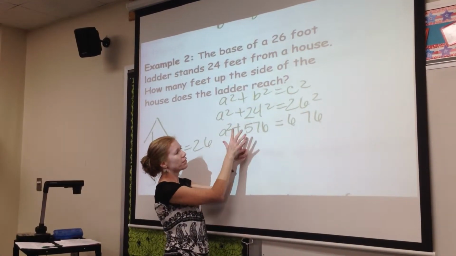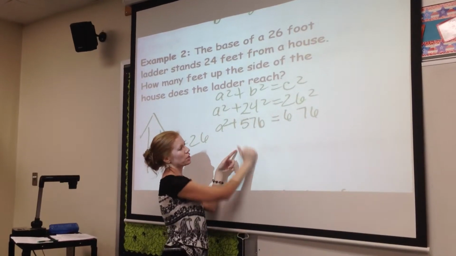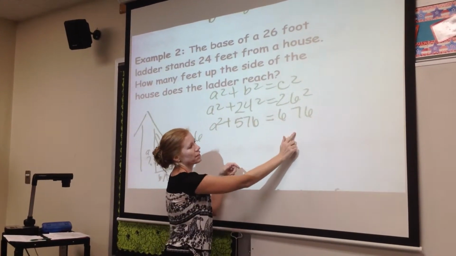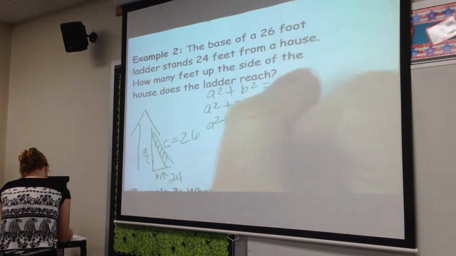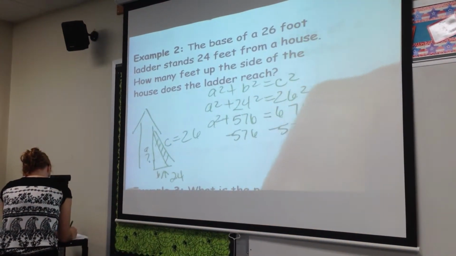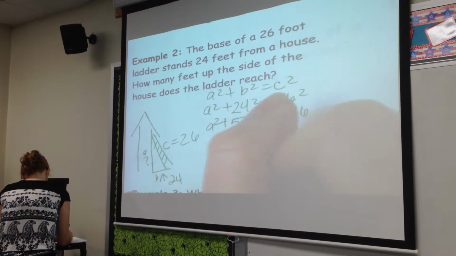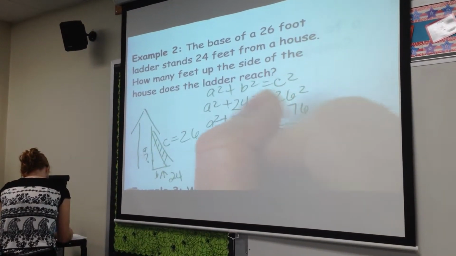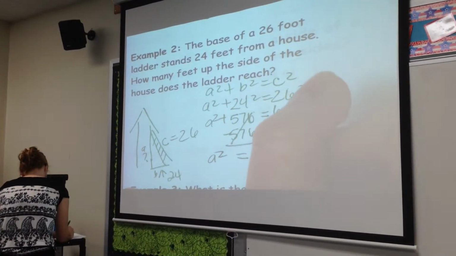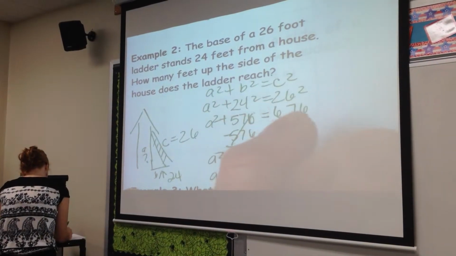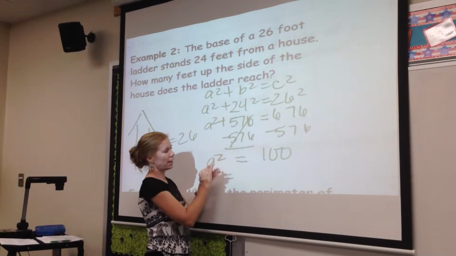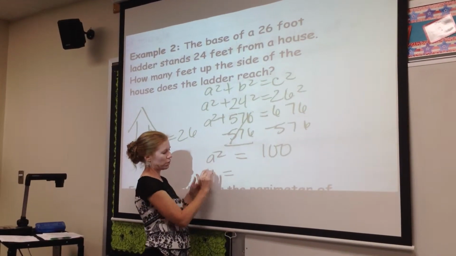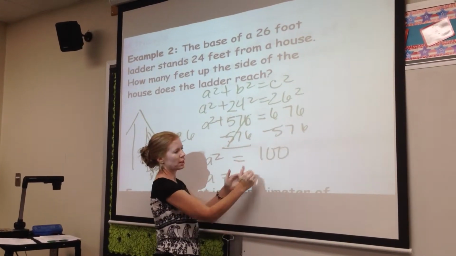I'm ready to get rid of 576. So I'm going to subtract from this side and subtract from this side. Okay, and last, square root that a squared, and will equal a. Square root 100 equals 10.